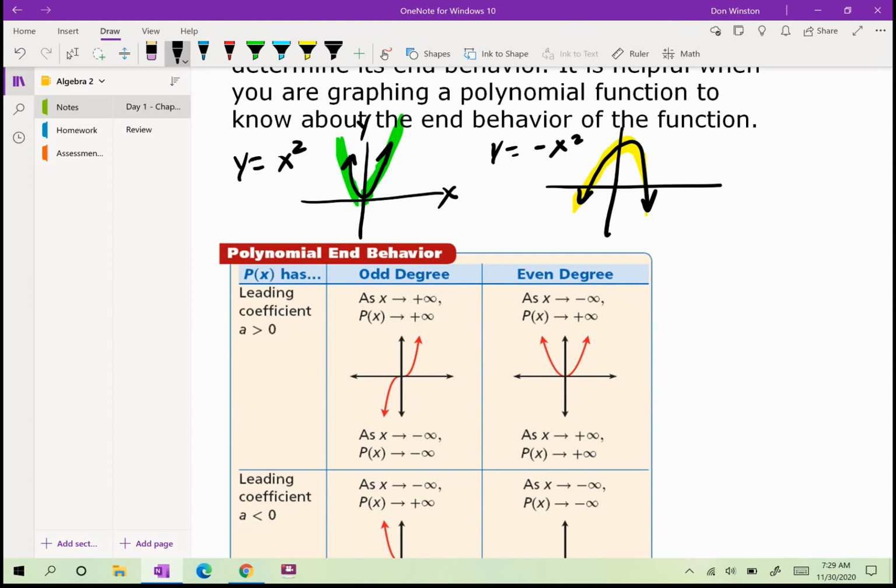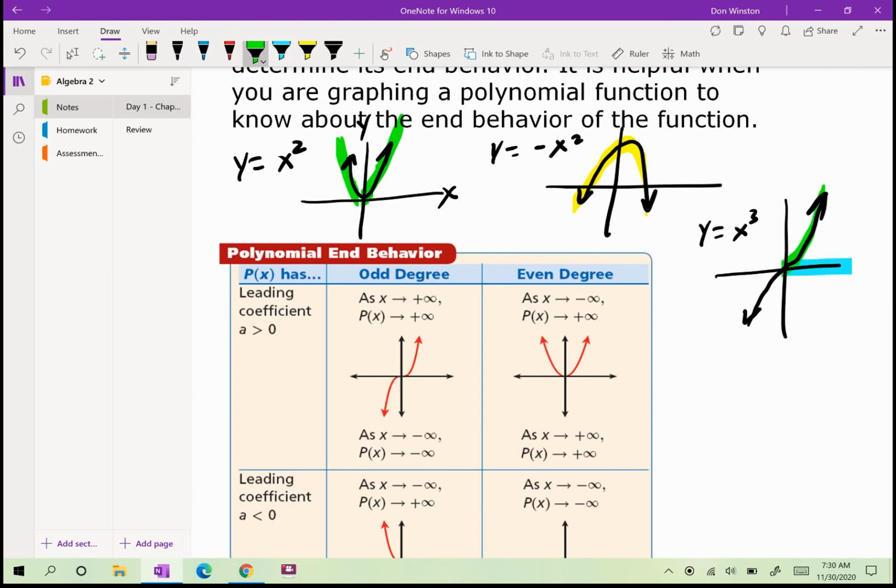And then the other graph that we should remember is a simple cubic function. So y is equal to x cubed. And we'll take a look at that. And that will kind of look like this here as we see the picture. As x goes to positive infinity, y increases.